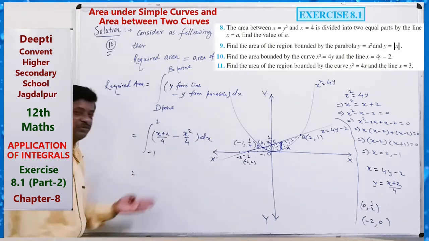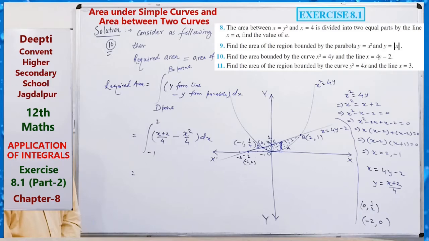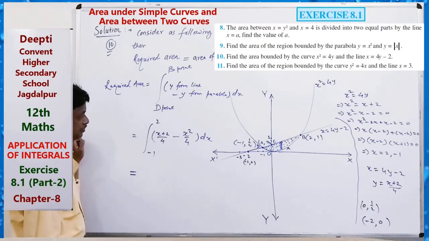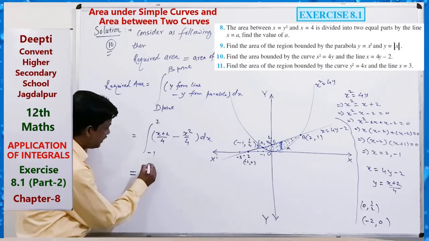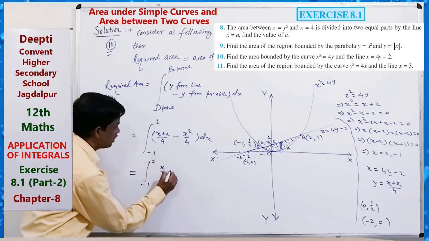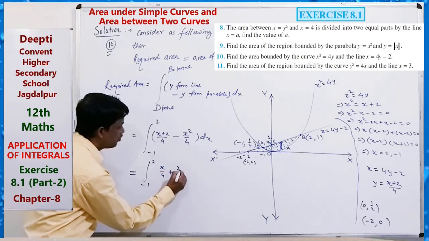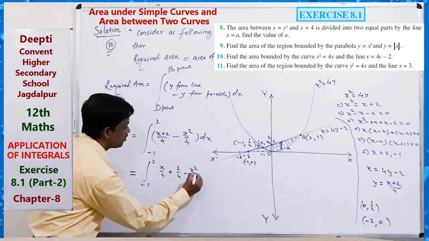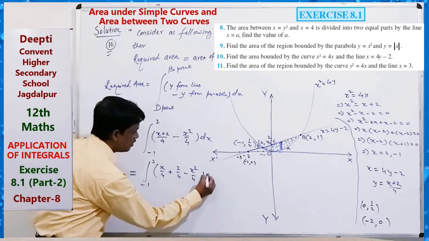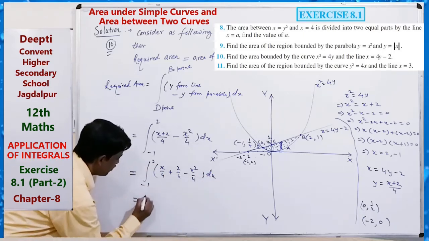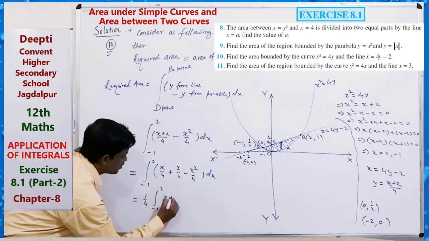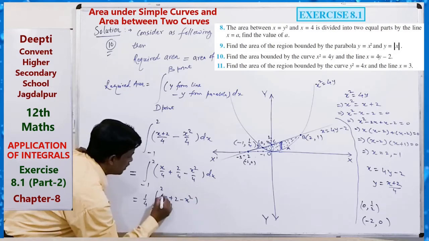We just have to solve this. This is the integral from minus 1 to 2 of x by 4 plus 2 by 4 minus x square by 4, dx. We can write 1 by 4 outside: the integral from minus 1 to 2 of (x plus 2 minus x square) dx.